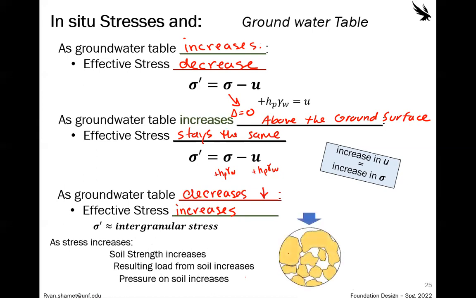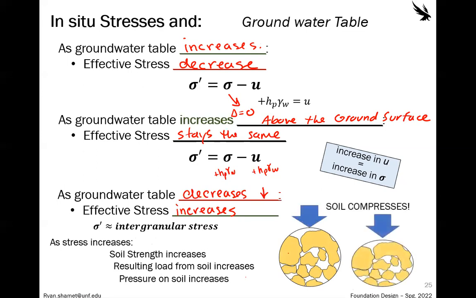I shared an example in geotech class, but if you think about what's actually happening, it's being squeezed and that stress is greater, so it's actually compressing a little bit, and it can cause a lot of settlement. There's a town in California where they've just been lowering the groundwater table because of all the farming, and as that groundwater table is lowering, the effective stress is increasing, and it's causing the soil to compress almost like a sponge, and the whole town has settled over 15 feet since the 70s or something.